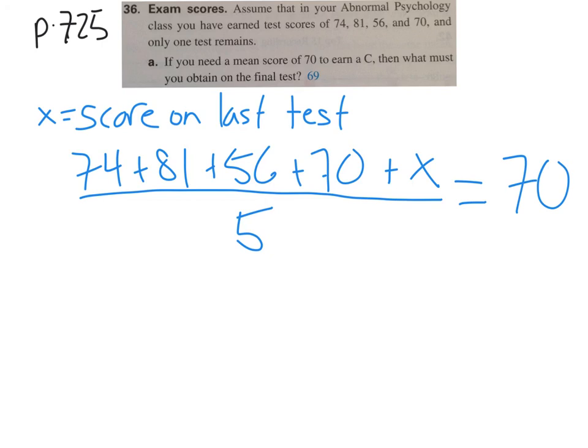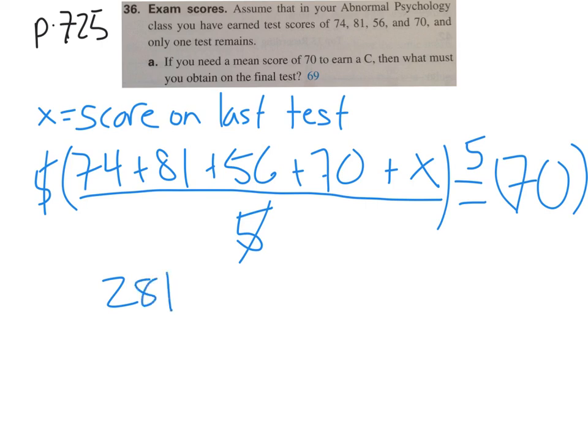It's not too bad to do with some basic algebra. The first thing I would do is get rid of the 5 on the bottom, right? So we're going to multiply both sides by 5. This whole side by 5, this whole side by 5. Remember, the whole point of this is it's going to cancel out with the denominator. I'm also going to add up all those scores on the top, the 74, 81, 56, 70, and I think you get 281.